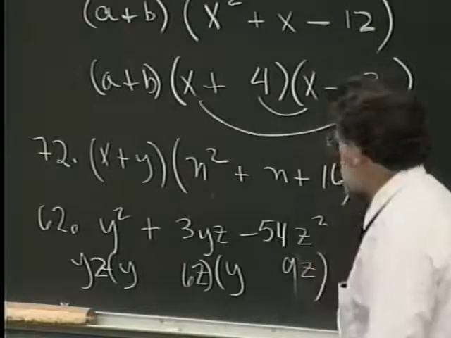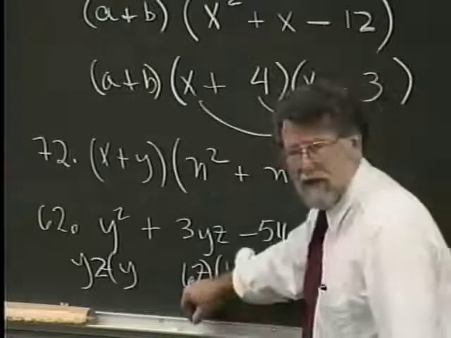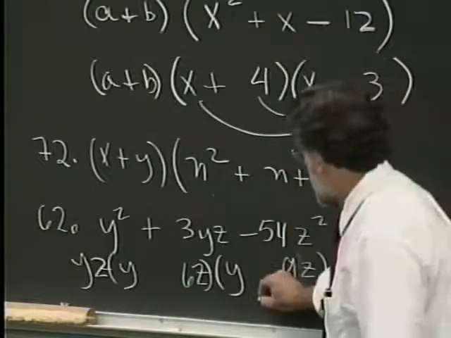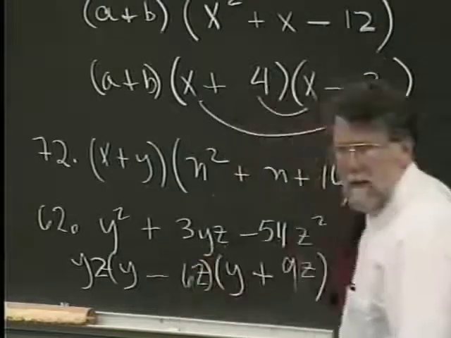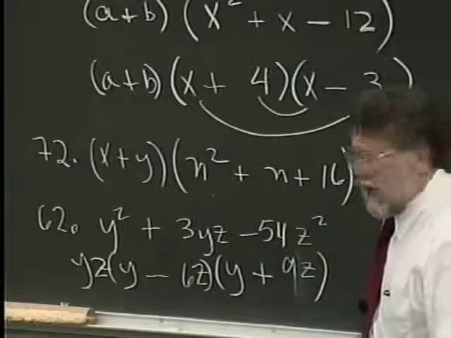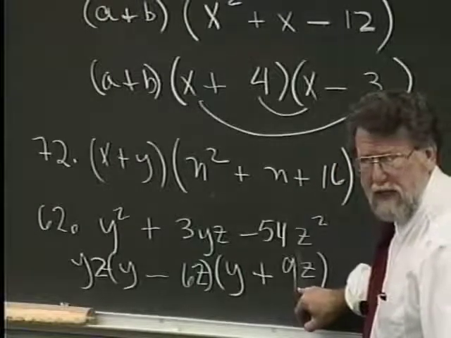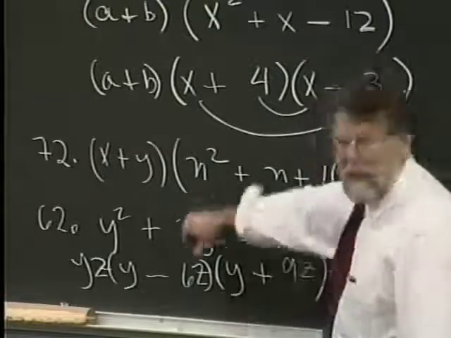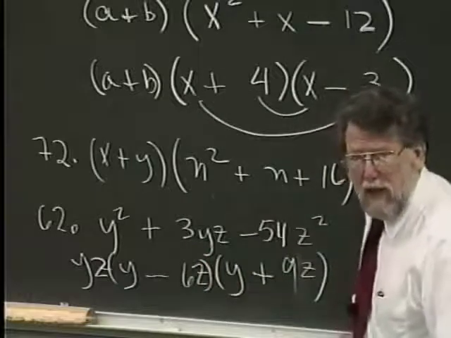Now the question, one of those is positive, one's negative, and now that I've committed myself to the placement of the 6 and the 9, I'm going to have to be careful to make this a positive here and a negative here. But does this now work? I have in my outer product a positive 9yz, inner product a negative 6yz, that is my positive 3yz, and so this does not turn out to be a prime polynomial.